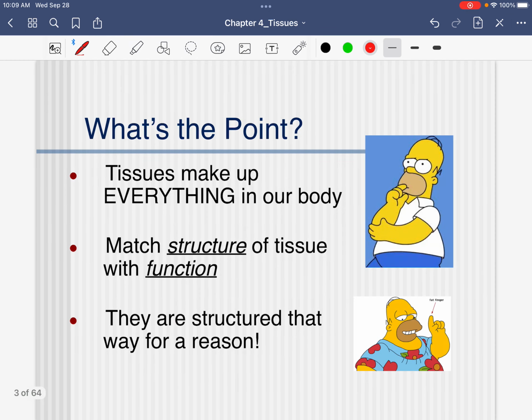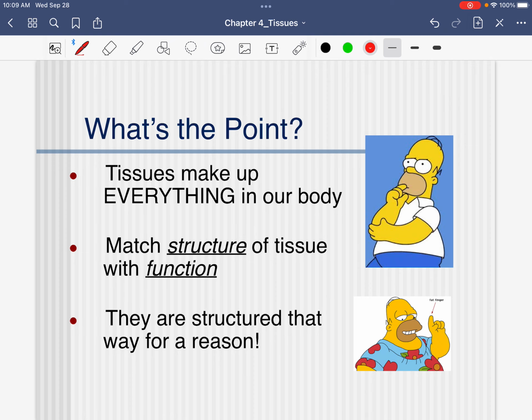All right, good stuff. So, pardon my slide here with Homer Simpson, but this is really important, folks, because tissues make up everything. As we go through each body system, because by the way, this is our last introductory chapter, after this, from here on out, we're just going body system by body system.